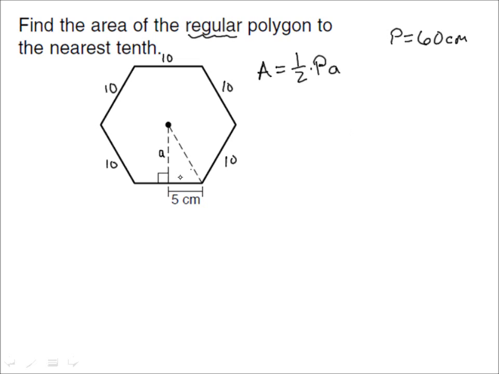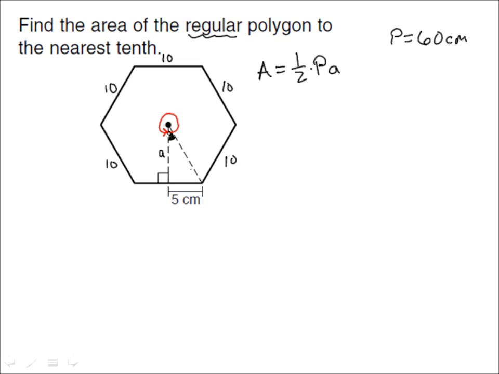And we need to figure out the length of the apothem. Well, in any regular polygon, we could figure out this angle. This angle right here is half of what we defined as a central angle in class. The entire circle has 360 degrees, and that is cut up into 6 equal angles we call central angles.